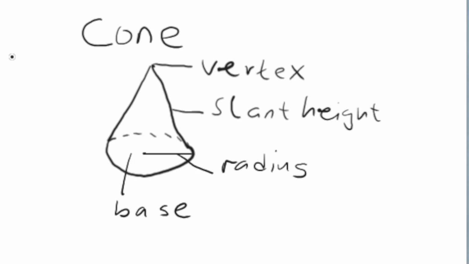The shortest slanted distance from the edge of the base of the cone to its highest point is the slant height. And the lateral surface is the surface that joins the base to the highest point.